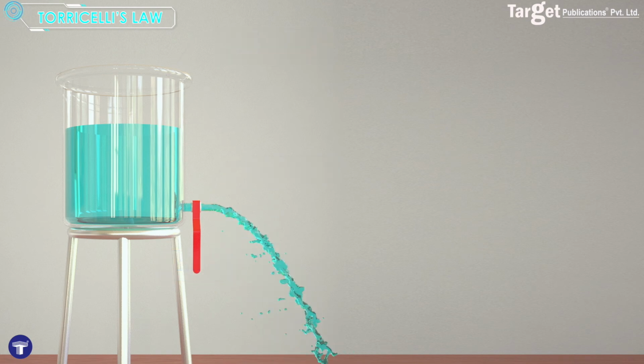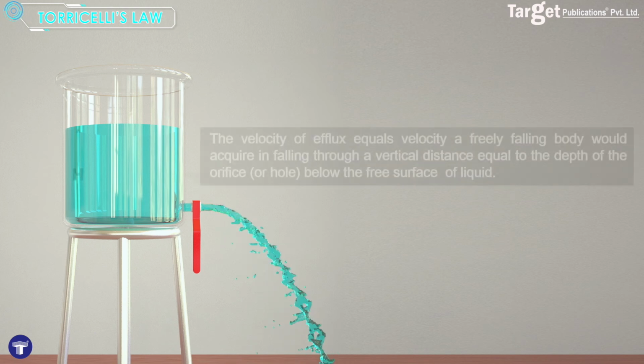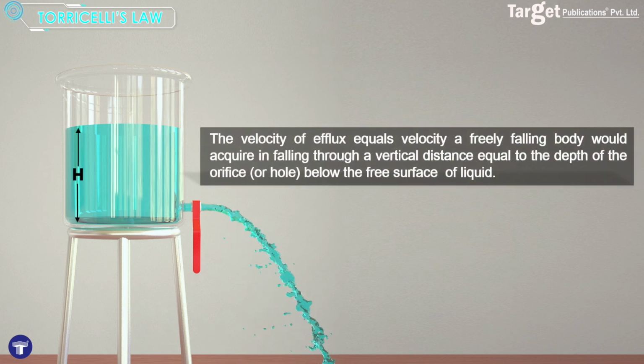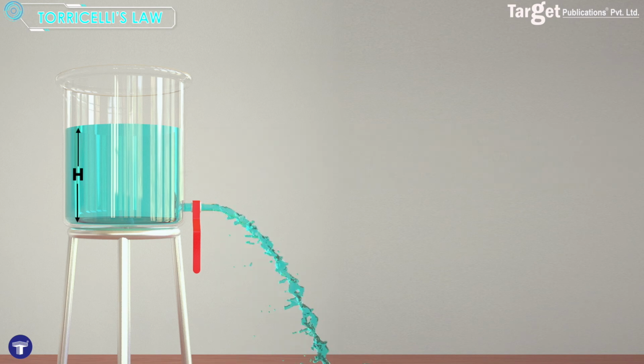Torricelli discovered that the speed of efflux in an open tank is given by a formula similar to that of a freely falling body. The speed of liquid coming out through a hole at a depth h below the free surface of the liquid can be given by Torricelli's law.